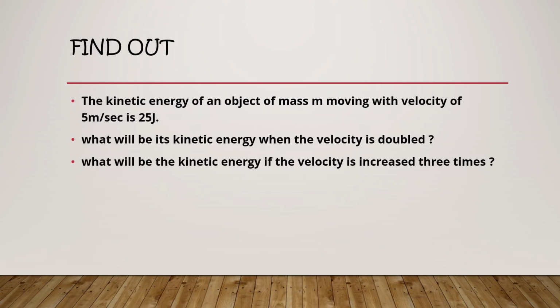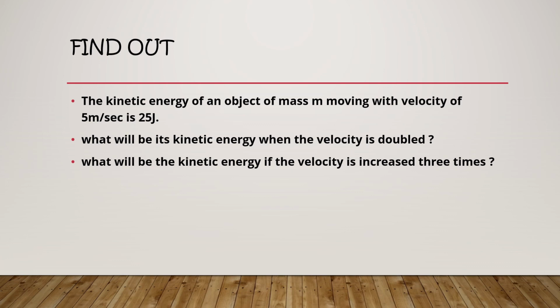Now you will have to find out the answer to this question. The kinetic energy of an object of mass m moving with a velocity of 5 meter per second is 25 joule. Two things are given here: the velocity of the object is 5 meter per second and the energy associated with it is 25 joules. What will be its kinetic energy when the velocity is doubled?